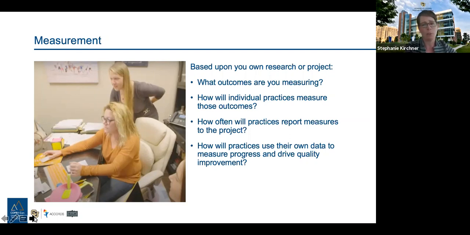This is a huge part of what practice facilitators do. And there's a huge new specialty of practice transformation around clinical health informatics that's really essential, to be comfortable with data, to be able to pull it, to analyze it to some extent, and help practices use it to really drive change.